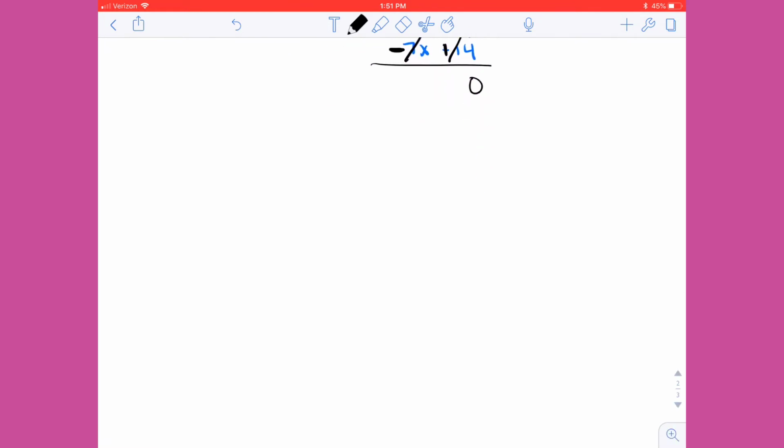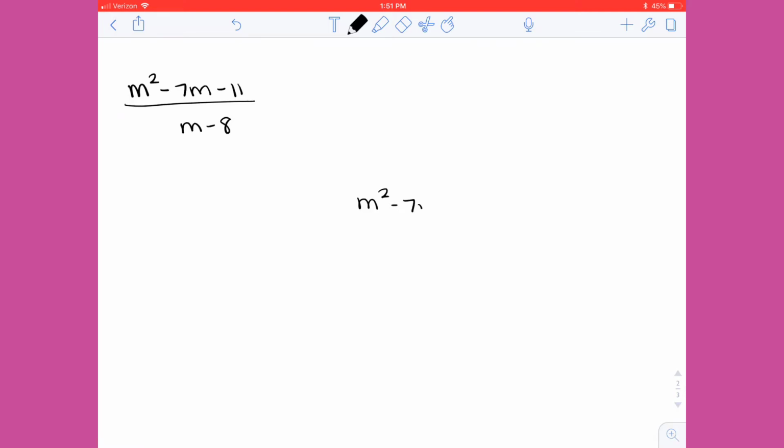Okay. All right, let's look at another example. M squared minus 7m minus 11 divided by m minus 8. So I notice I'm in perfect descending degree order, so I'm good on that. I'm dividing this by m minus 8.